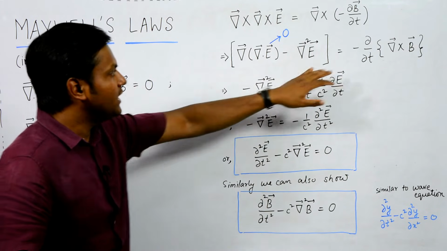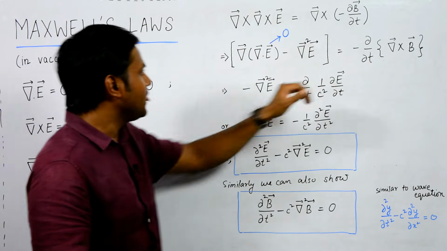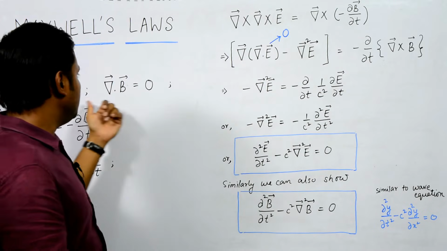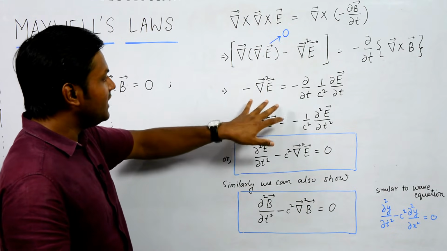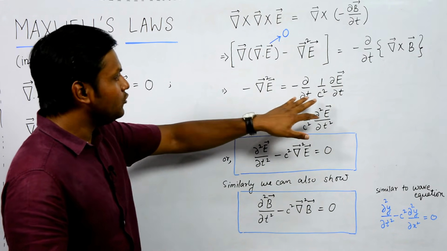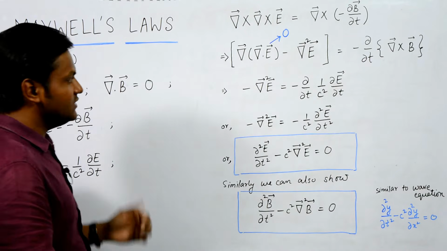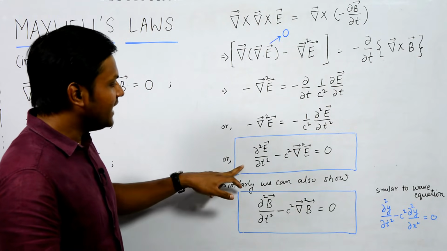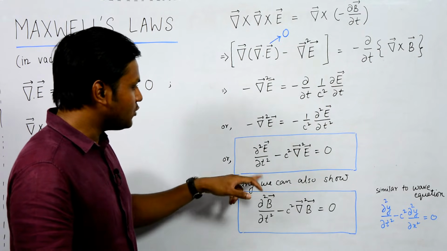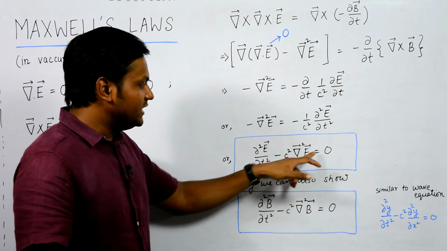On the right hand side I get minus del by del t of del cross B. Now the divergence of the electric field is 0, as shown here in Maxwell's equations. So I take this out, and I'm left with minus del square E equals minus d by dt of del cross B, which is nothing but the fourth Maxwell's equation. If I substitute these values and make certain rearrangements, I get this equation: del square by del t square of E minus c square del operator square E equals 0.